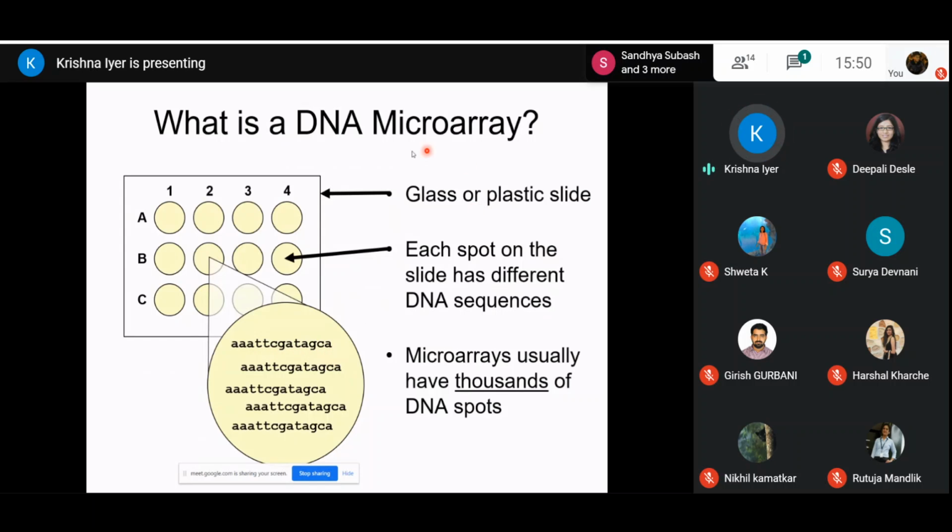Usually these DNA microarrays that we will talk about are composed of slides, or membranes, where the number of spots is in the range of thousands. Each of these spots will be of a different type of DNA in terms of the sequence. So that is conceptually what a DNA microarray is.